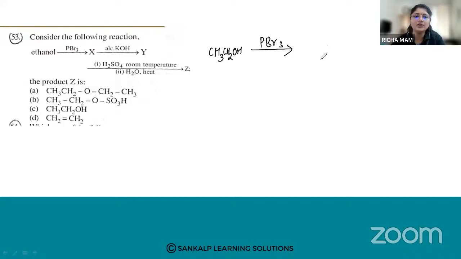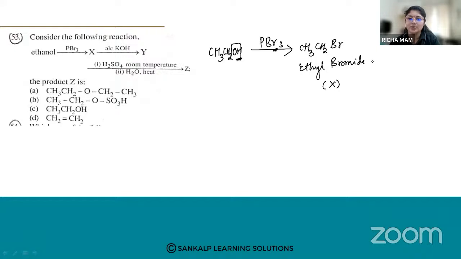Here bromine is an attacking group, so the OH group can be easily replaced by this Br. So what will I get? I'll get ethyl bromide. So our product X is ethyl bromide.